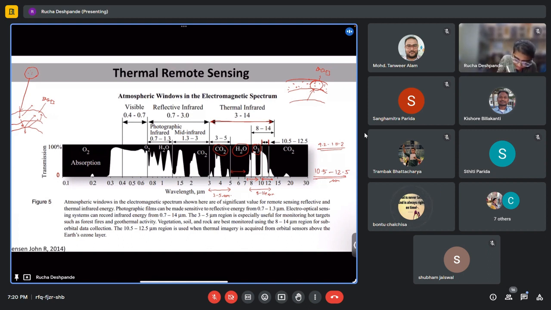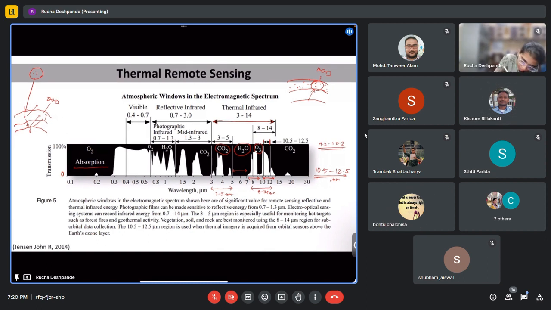If this is showing absorption in the range from 0.1 to 0.3, then it means this atmospheric layer is absorbing everything from 0.1 to 0.3. Whether it's coming from the sun or going back from the earth's surface, any radiation falling in that range would be absorbed by the atmospheric layer itself. So if it's coming from the sun, it will not reach the earth, and if it's going from the earth, it will not reach the sensor, because everything will be absorbed in the atmosphere.